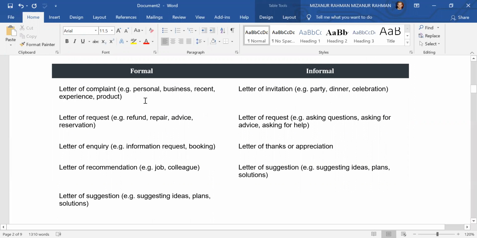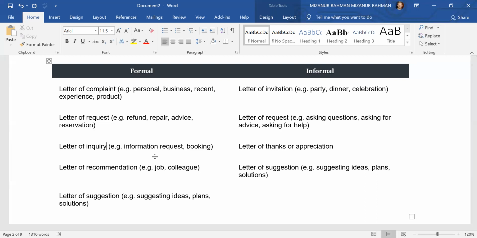It could be a letter of request: refund, repair, advice. Letter of inquiry could be an information request or booking, like you are inquiring about a booking. Letter of recommendation, for a job or colleague, you can recommend some places or something. Letter of suggestion, suggesting ideas, plans, and solutions.